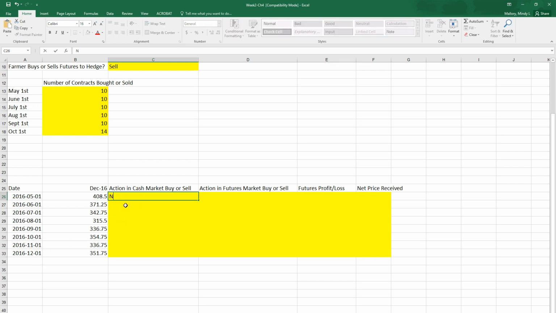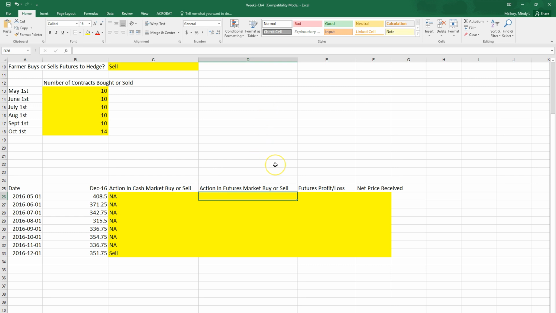So I'm going to put an NA, and we're not going to do anything in the cash market all the way through November. Okay, and we can note here that yes, on December 1st we are going to sell in the cash market. Okay, so let's talk about the futures market.